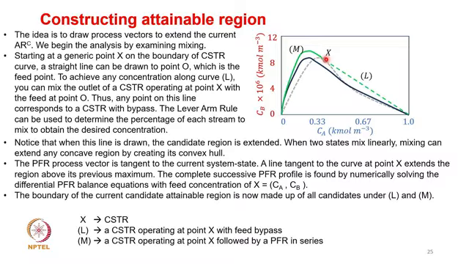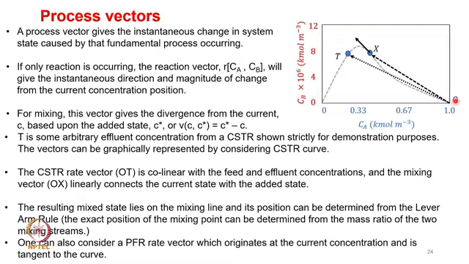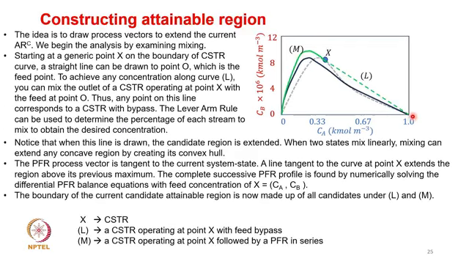Okay, X is at the boundary point of the CSTR curve, and a straight line is drawn from point O, which is of course right here. You may see over here the straight line drawn from point O to X. O is the feed point, and X you can draw it. To achieve any concentration along this curve L, you can mix the CSTR output.